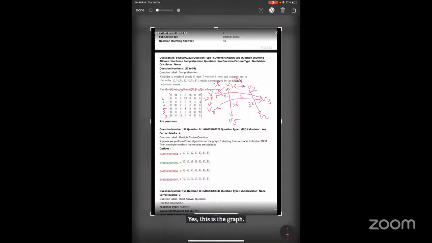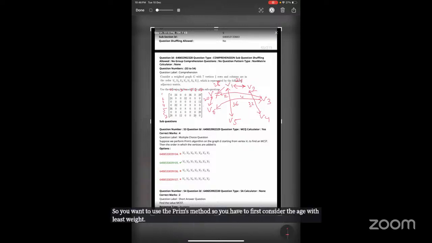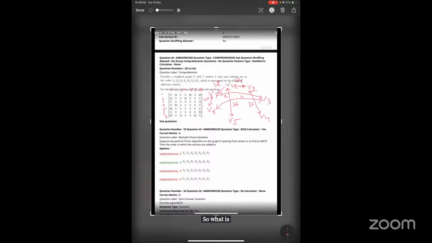So we want to use Prim's method. So we have to first consider the edge with least weight. So what is the least weight? It is 4, right?